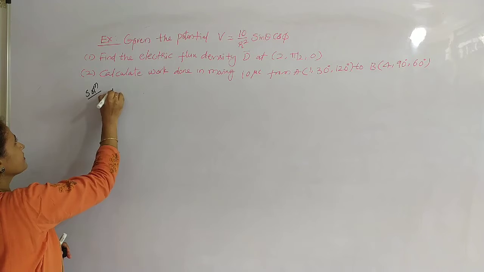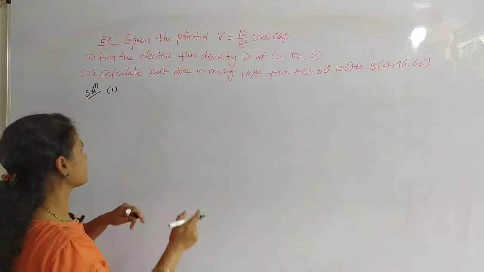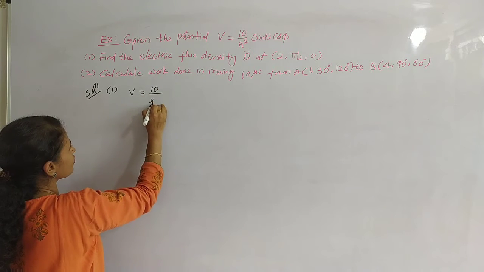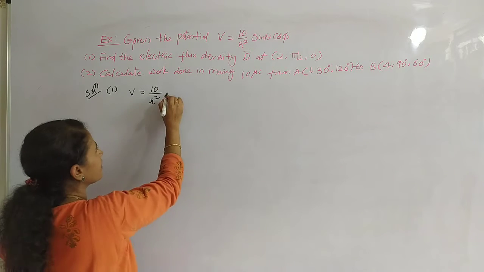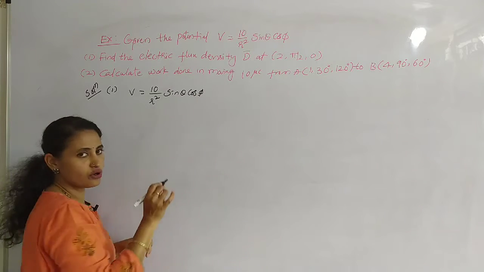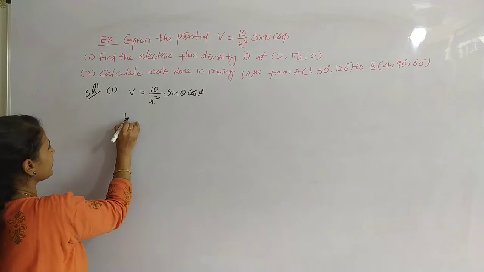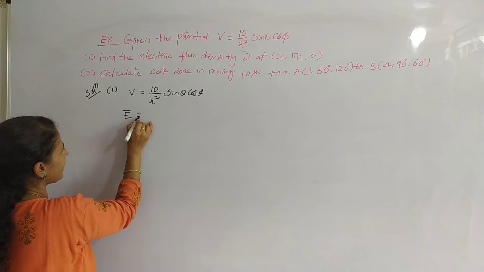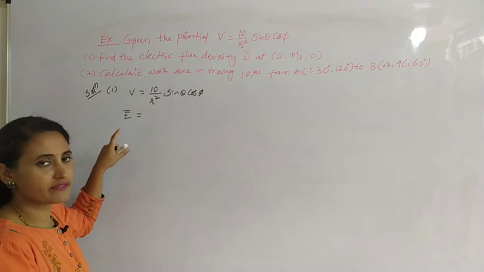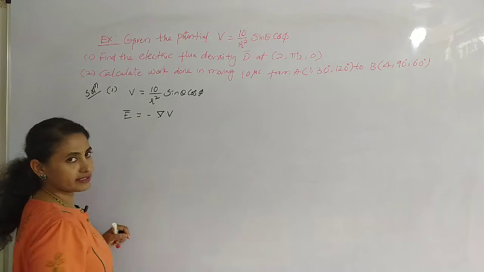The first part: as V is given in terms of r, theta and phi, it is given in a spherical coordinate system. So electric field E bar, what is the relationship between electric field and potential? E bar is given by minus gradient of V, right?